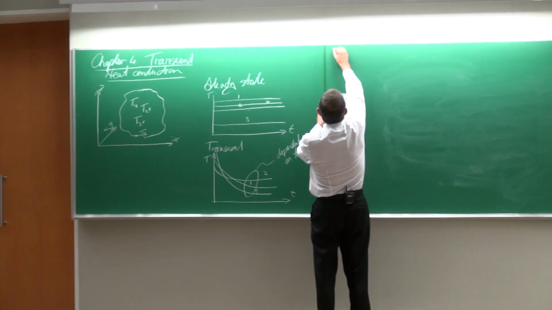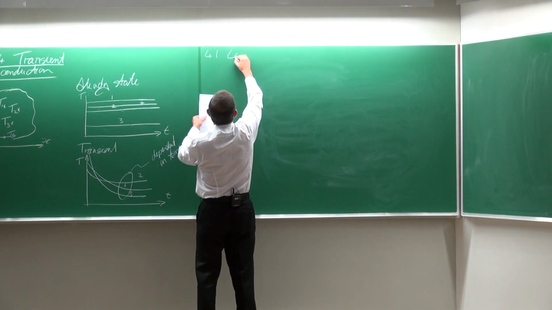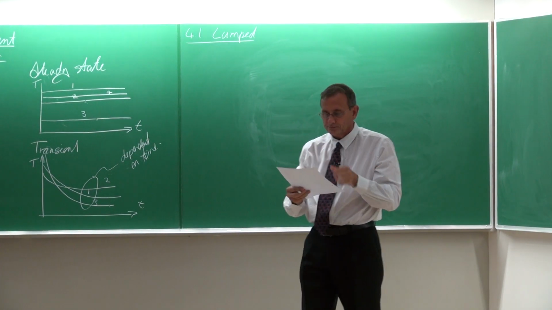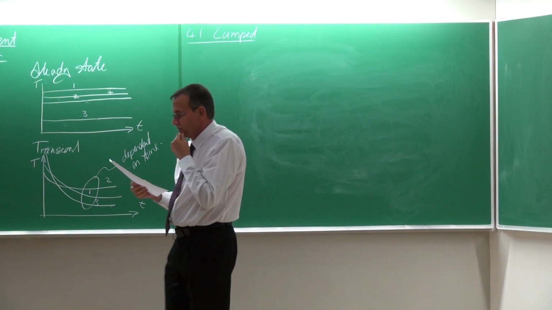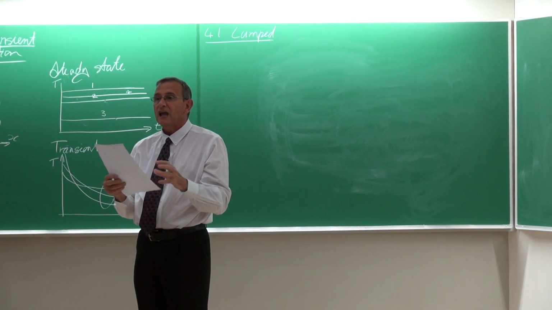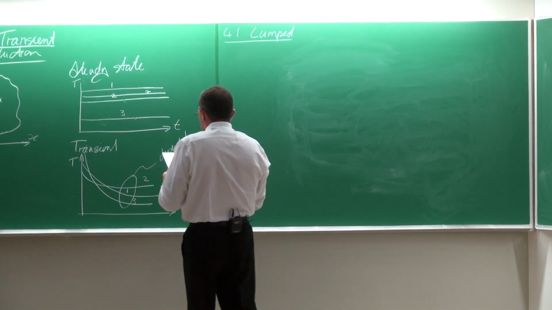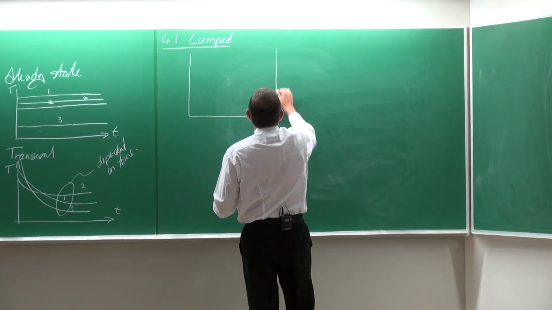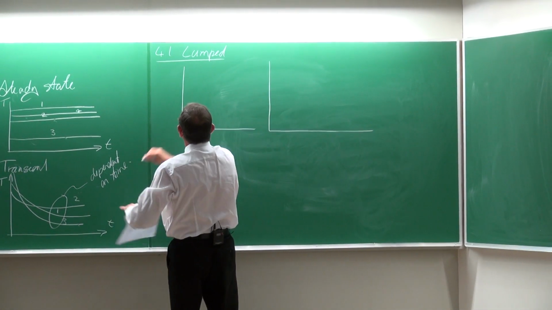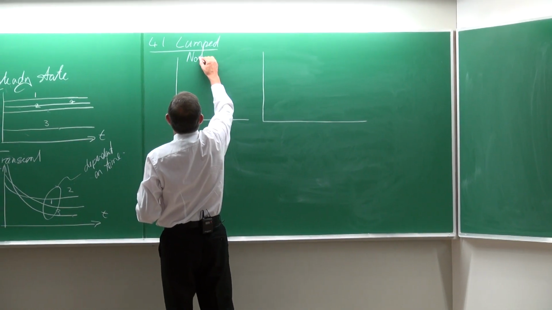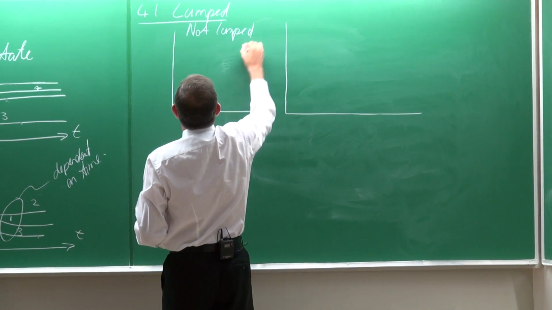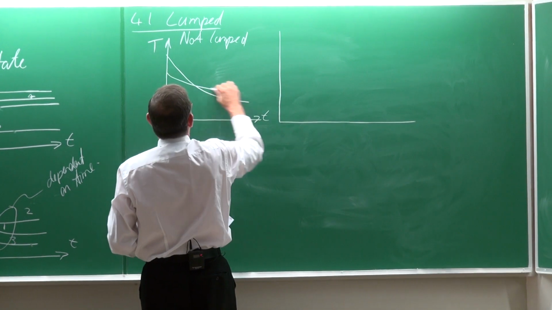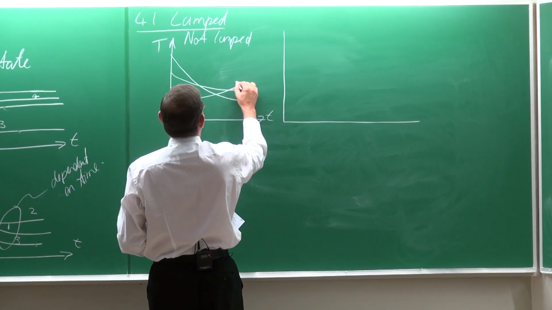The first paragraph is called lumped system analysis. What does lump mean? It means it behaves the same, and it would mean that if we look at different bodies, as I've showed you here, which is not a lumped system, then the temperatures as a function of time will do something like that, 1, 2, 3.